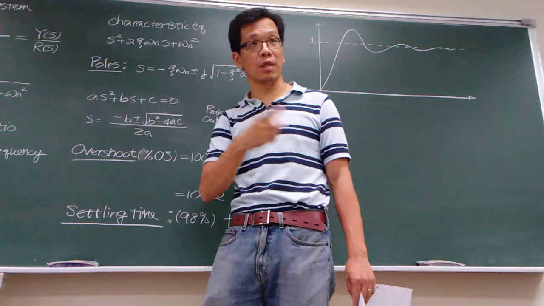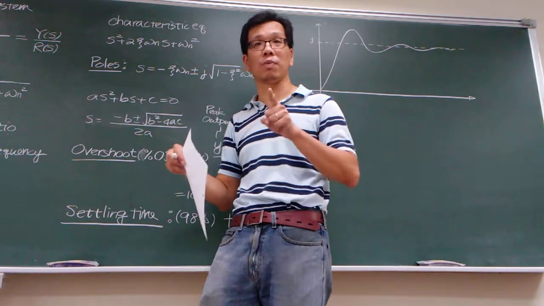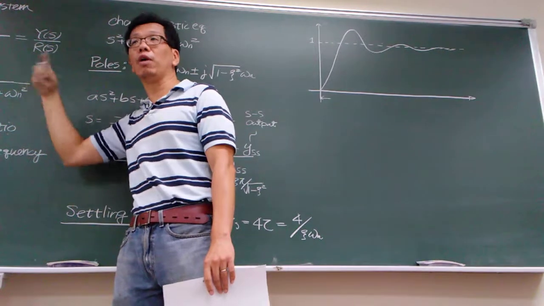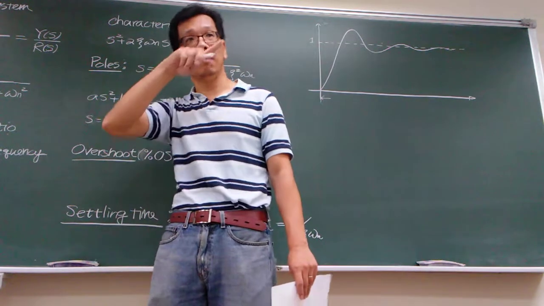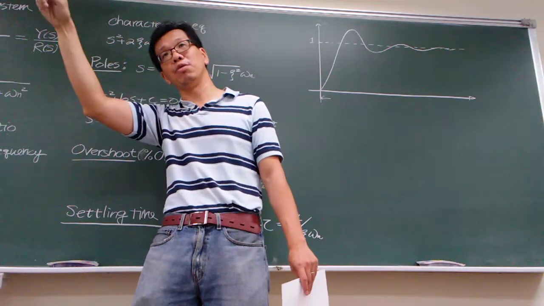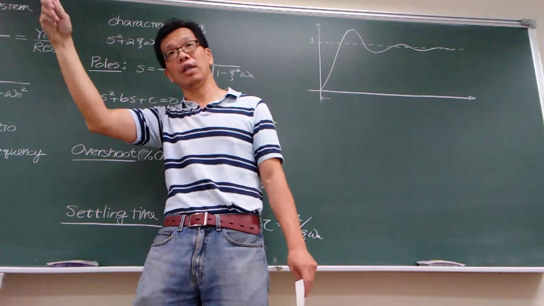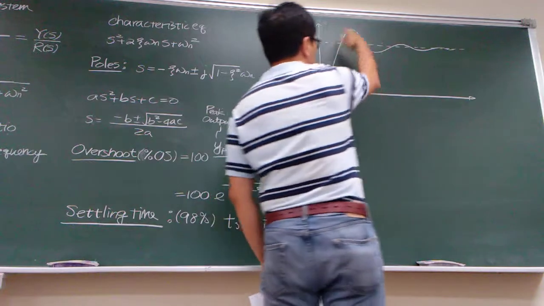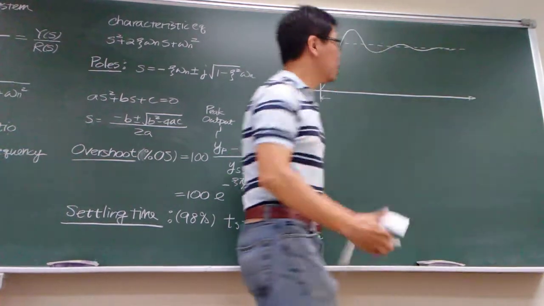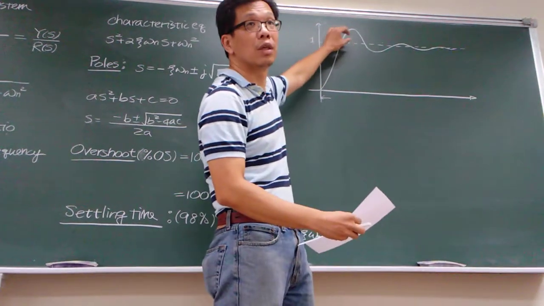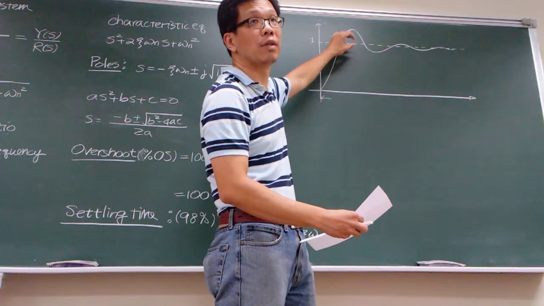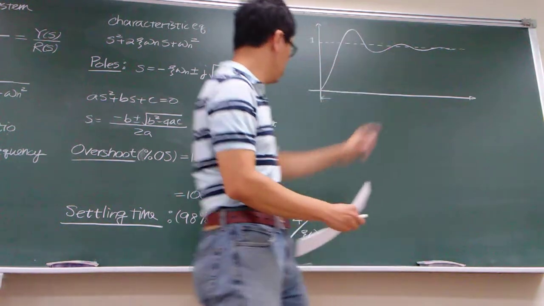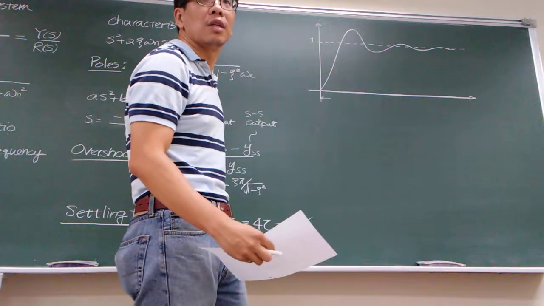But when we have cosine and sine, there is one specific term involved, which is exponential. When you have exponential, what does that mean? It means that it's going to decay and approach a certain value, right? When you have cosine and sine, what does that mean? It means that it's going to be oscillating. And the magnitude of this oscillation is going to shrink because you have the exponential term in front of it. So the magnitude over here is going to be smaller and smaller until it reaches its steady state.